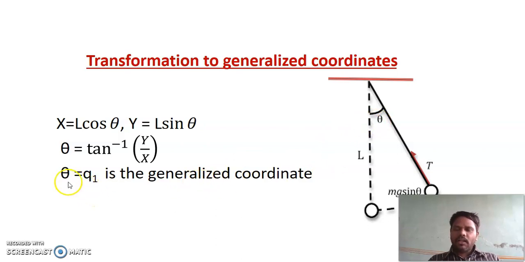So theta equals q1 is the generalized coordinate for a simple pendulum. Similarly, for a particle moving on the circumference of a circle, theta equals q1 will be the generalized coordinate.